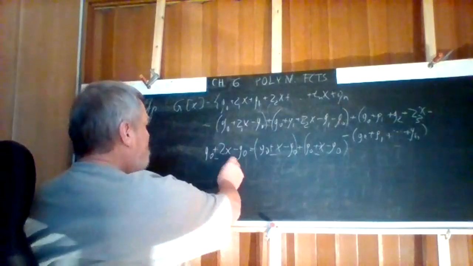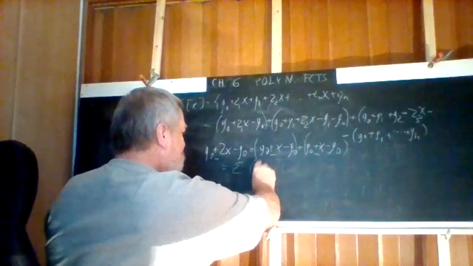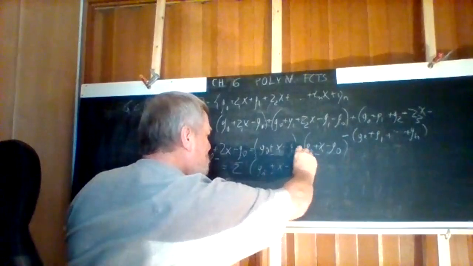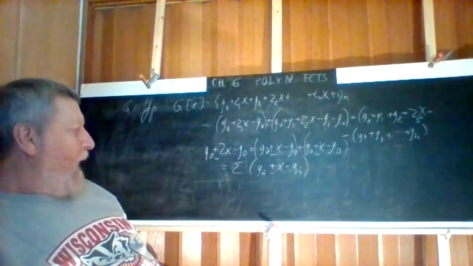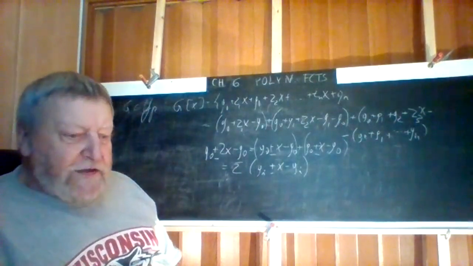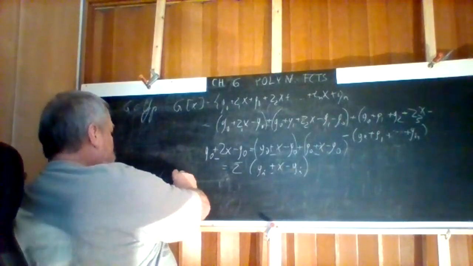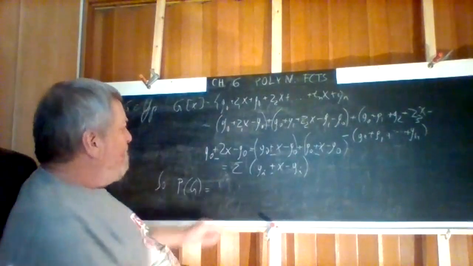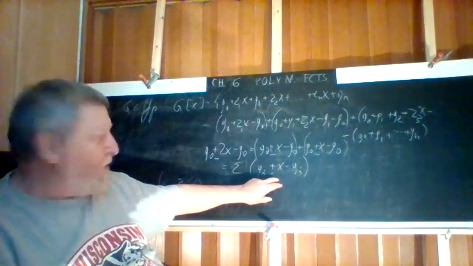And so we can write it as a sum of elements of the form g sub i plus or minus X minus g sub i. That's another form of these polynomials. And if we take the polynomial functions, then P of G is the set of all sums of these induced polynomial functions.